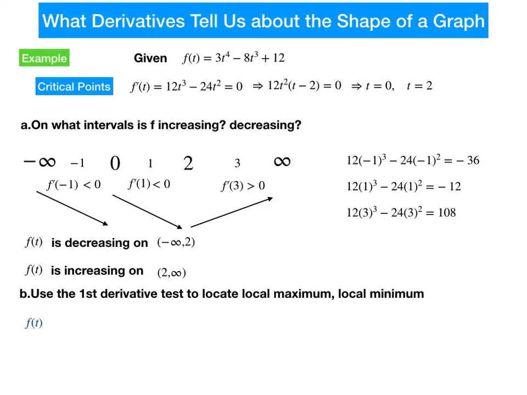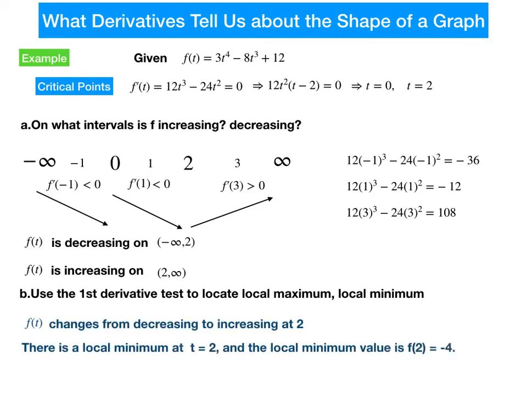So we see that the function f of t changes from decreasing to increasing at t equals 2, which means there's a local minimum at t equals 2. And you can find the local minimum value, which is the y value of the local minimum, by plugging 2 into the function to get -4 as the local minimum point of the function.